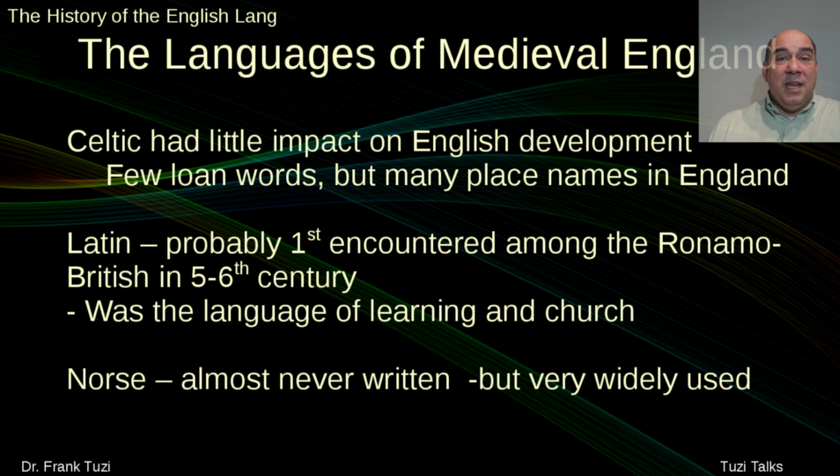Now, when the church starts sending missionaries into England, we have the beginning of a second surge of this language interaction with Latin and with the Brits who are living on the island. It was primarily the language of learning and primarily the language of the church. When the church came in, there were no learning institutions around.